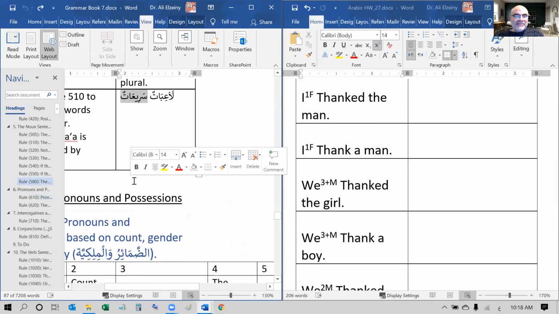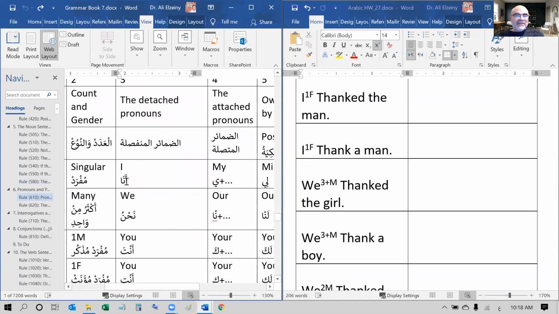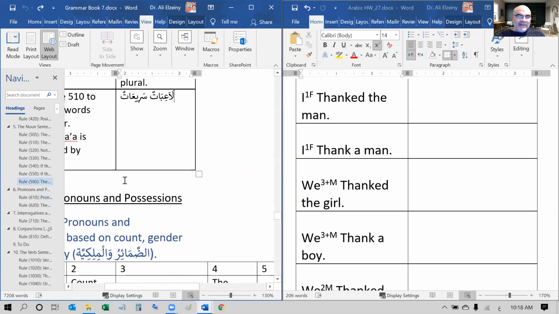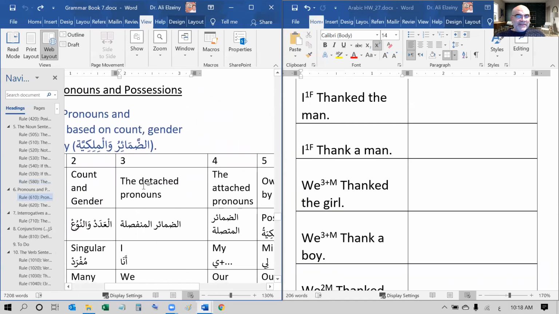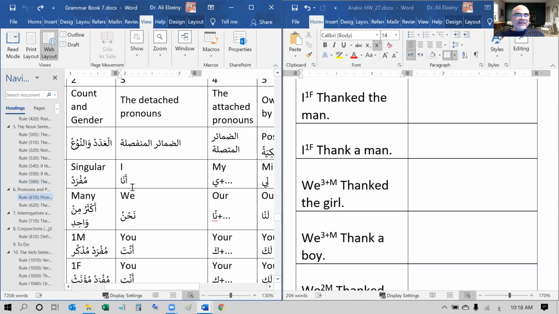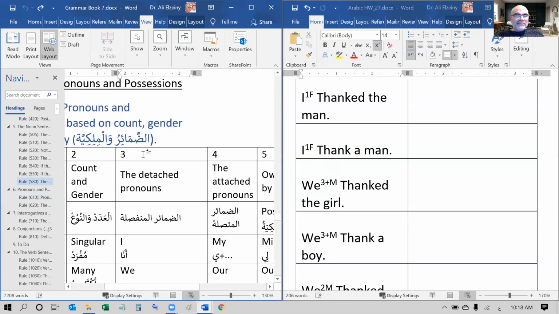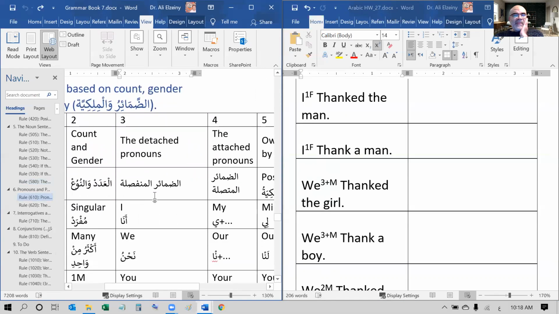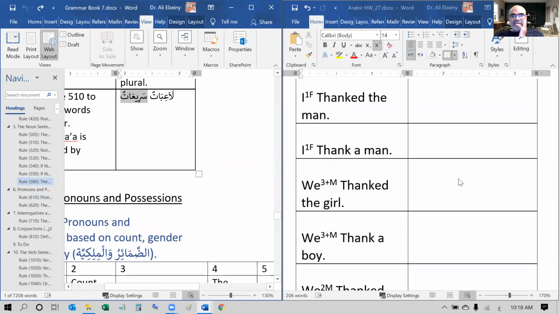It shouldn't behave with you like that. I have no idea why it's behaving with me like this. Anyway, I'm supposed to copy this. Supposed to copy أنا and put it here. So I'm just going to write it. أنا.